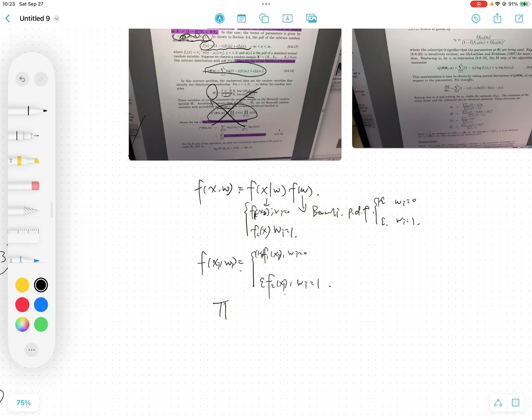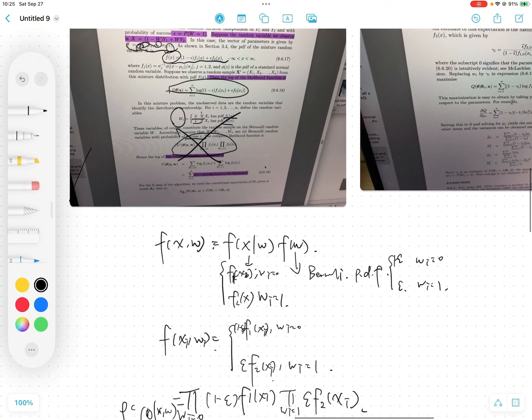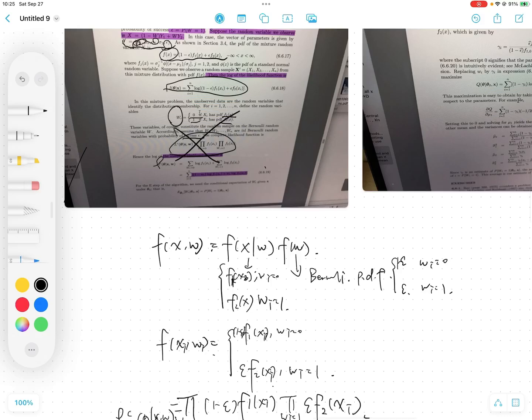Actually, this is not true. We just write this, actually the complete likelihood Lc(theta; x, w), and we get that.